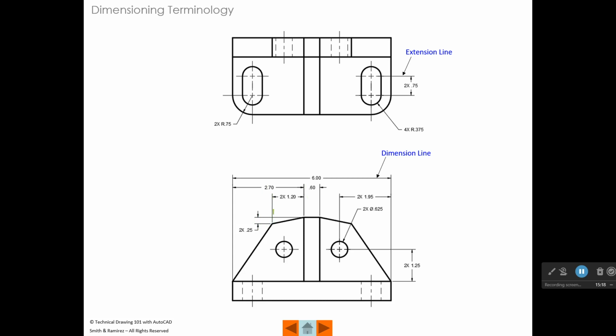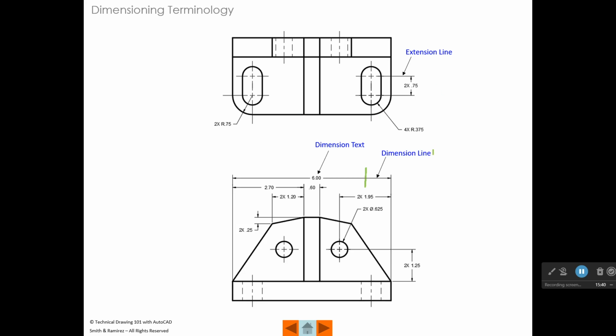Now, an extension line, like this line right here, those guys can be crossed. And so that's what we have right here. Here's an extension line, and this is an extension line coming out right here. So those can cross, but we don't want any line to come up here and cross over a dimension line. So that also helps you with placement of your dimensions.